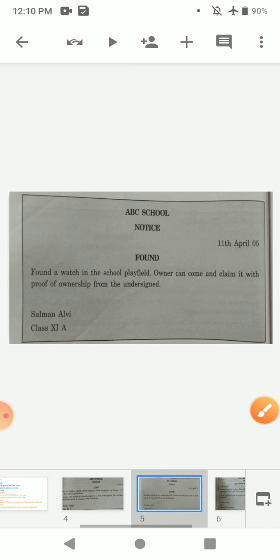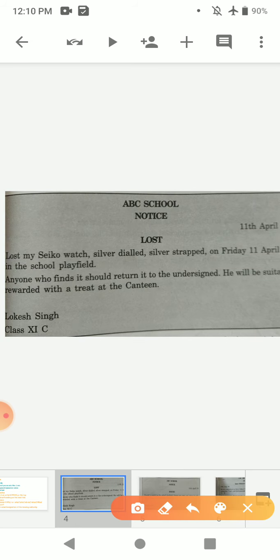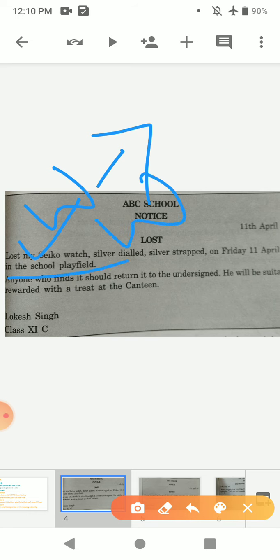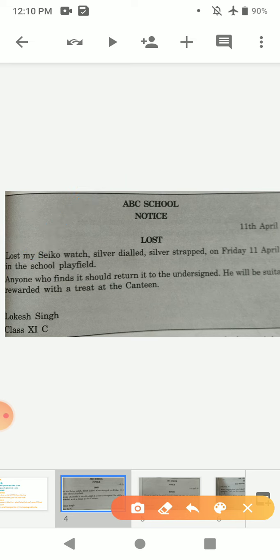So like earlier we had, this is about lost, he has lost his watch, so he has clearly mentioned lost my Seiko watch, means he has answered this W question, what is the notice about, what has happened. Then he has given description, and then where he has lost his watch, school play field, and then he talks where, what, and then what to do.